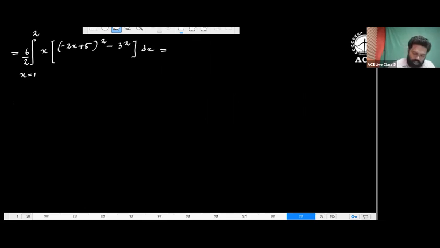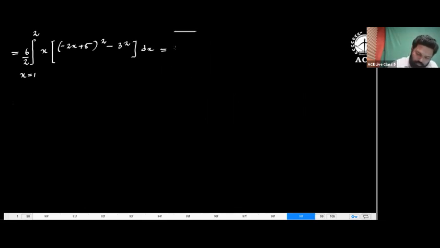Yes, there is an x. 3 into the integral, x is from 1 to 2, of x into (4x square minus 20x plus 25 minus 9), into dx.